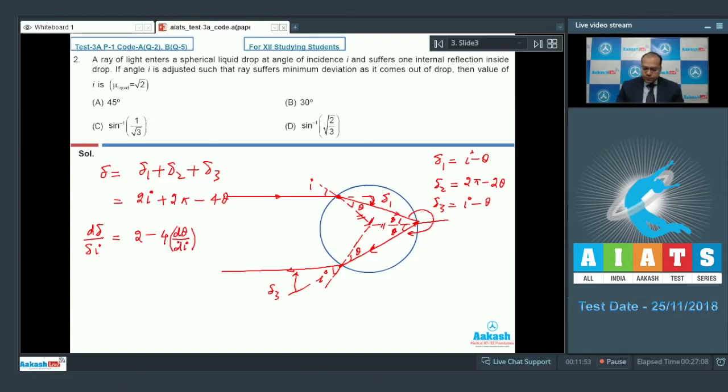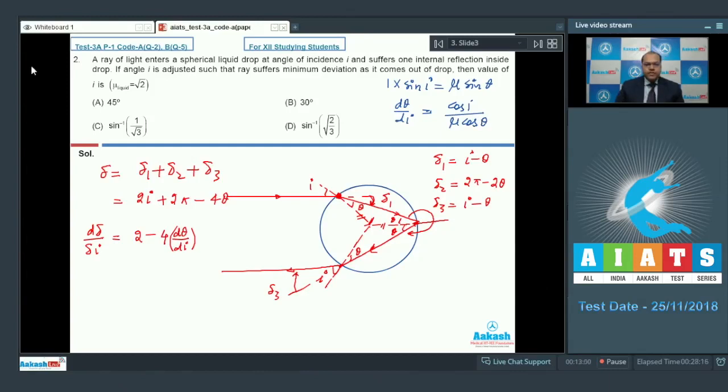So if I substitute the value of d theta upon di by applying Snell's law at this point, then I can say that 1 into sin I is equal to mu into sin theta. So from here, the value of d theta upon di comes out to be cos I divided by mu cos theta.